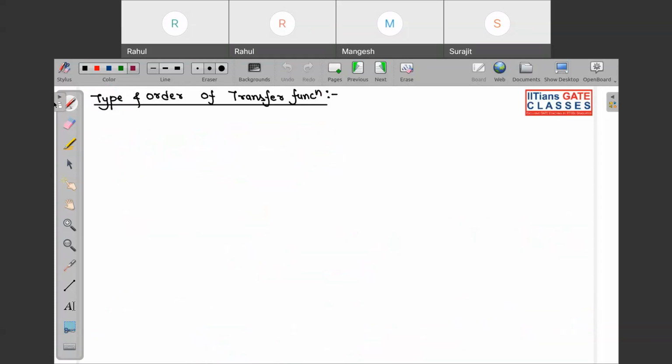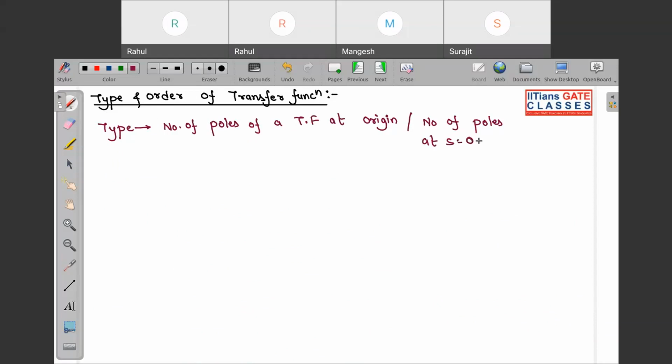Okay, so the next topic is type and order of transfer function. So remember this, type is basically the number of poles of a transfer function at the origin, or you can write, number of poles at s equal to 0.